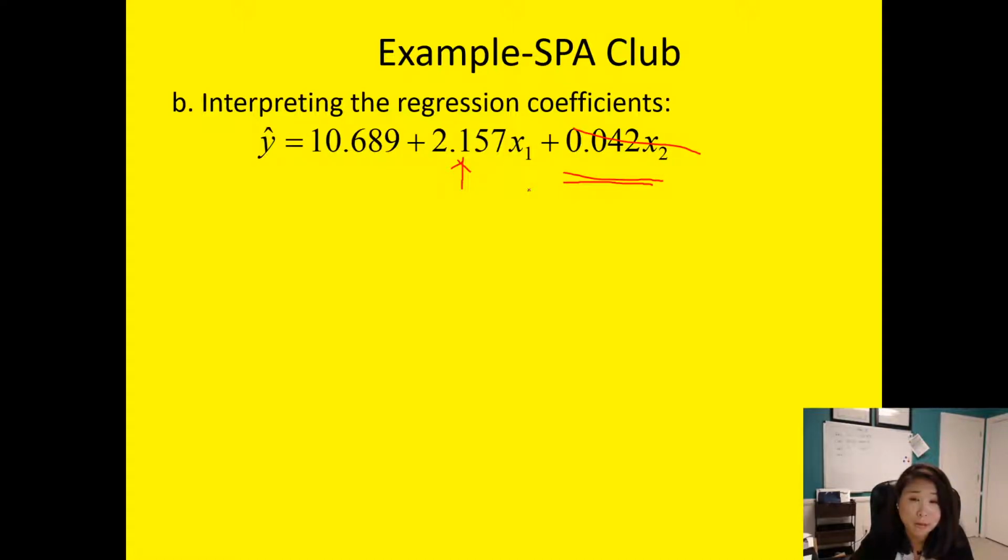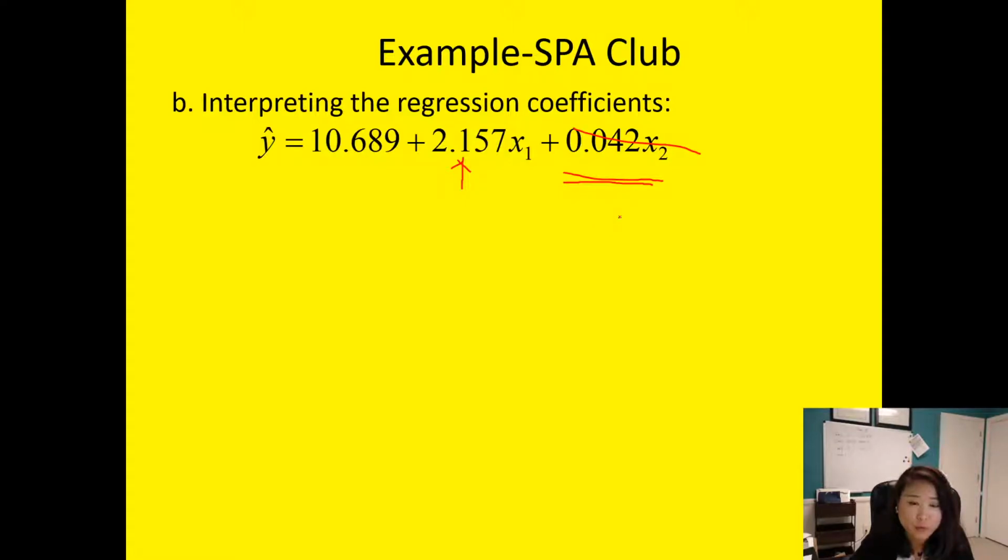If I'm your boss and you told me that, a $1 increase only increases 0.042, basically it's not even 1 person. You cannot say 0.042 people. Nobody would agree with you, and 0.042 people doesn't mean anything. So how can we adjust our interpretation so that it makes sense for people who have no idea about statistics?